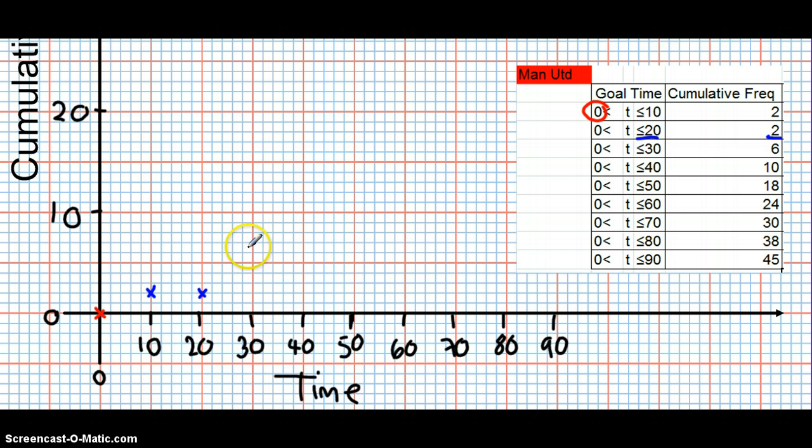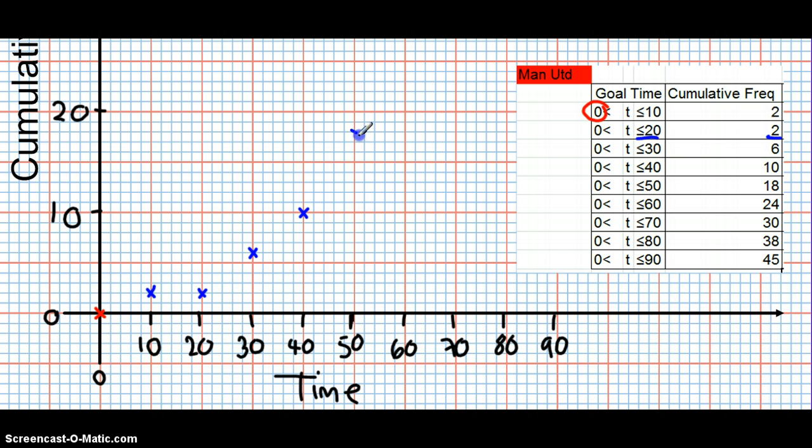30 minutes is 6, 40 minutes is 10, and you'll see that I'm plotting them above the point here. If you're familiar with a frequency polygon, you'll know that the point goes in the middle. So this is different to a frequency polygon as to where you plot.